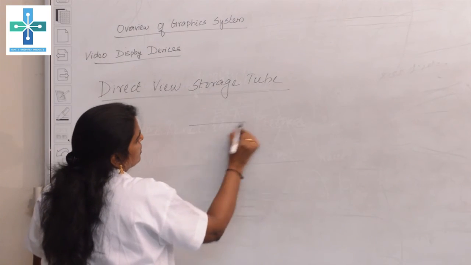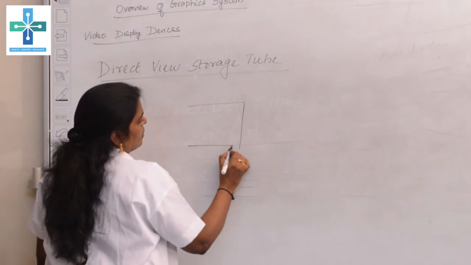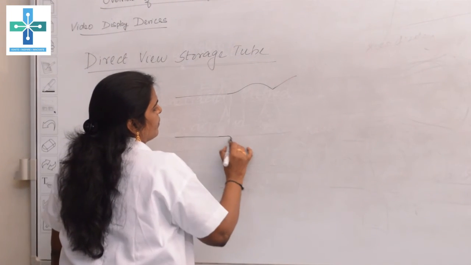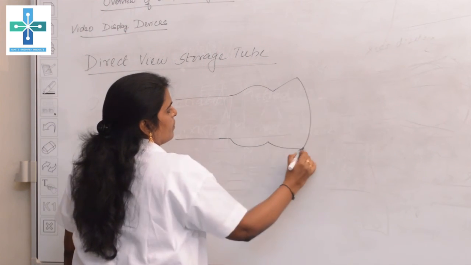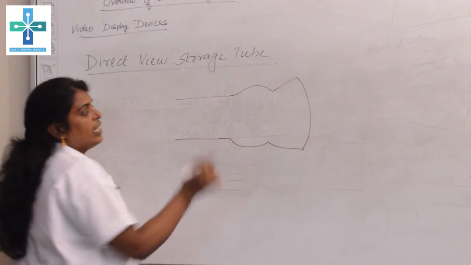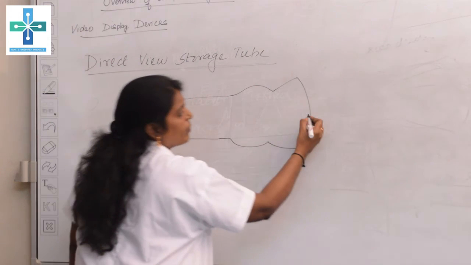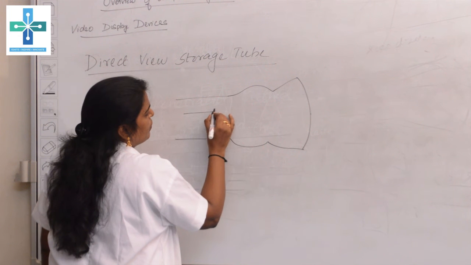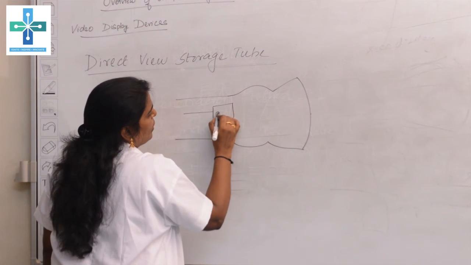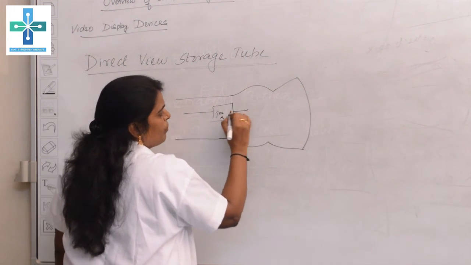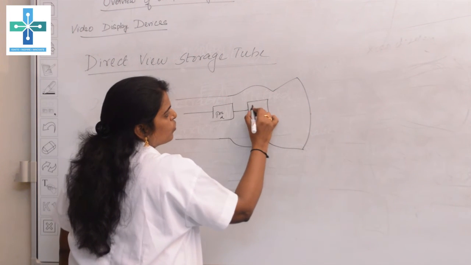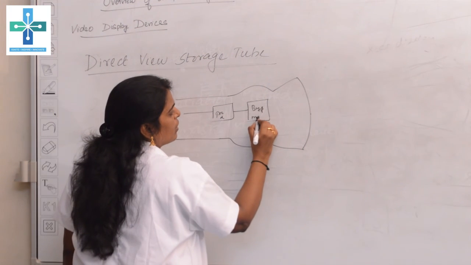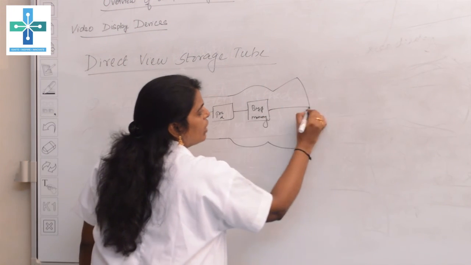In normal CRTs, each and every time the picture definition has to appear on the screen, it has to traverse through the picture definition, and from the picture definition it has to go through the buffer memory, or you can say the frame buffer, and then on the phosphorus.